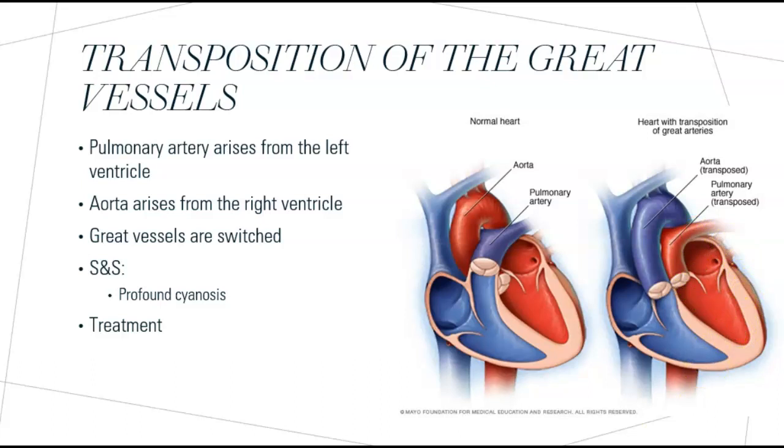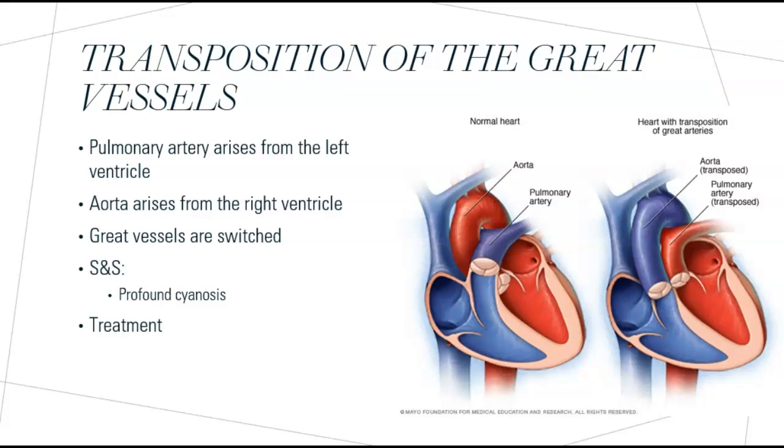Signs and symptoms are going to be profound cyanosis and also cardiomegaly. Treatment is going to include a palliative procedure. So basically they enlarge the atrial septal defect, or they will create one.